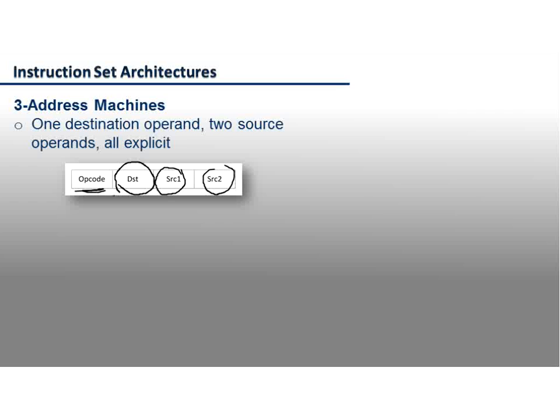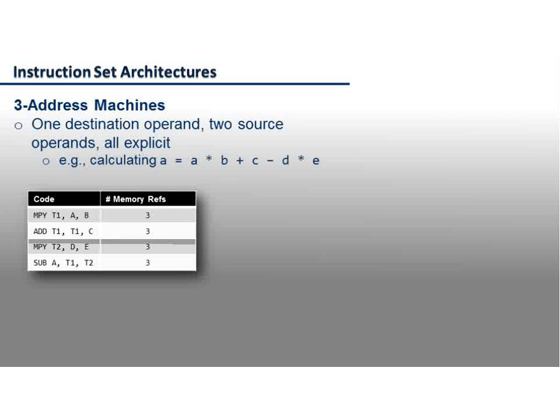So we have source 1 and source 2. Let's give the example. Okay, same thing. Let's work this out. So now multiply. By the way, don't write it like this, please. Write it as mul. Again, the slides don't always show the exact thing. Never mind.